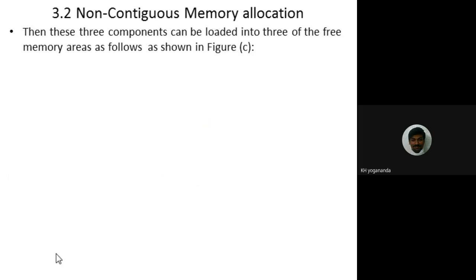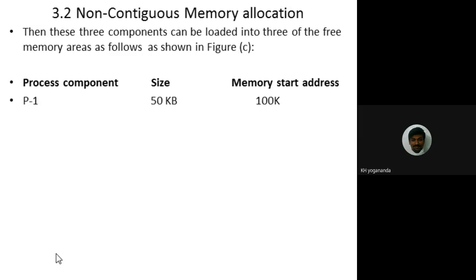Then we can load these three components into the free memory areas: P1, which has 50 kb size, at starting address 100k, P2, which has 30 kb size, at starting address 300k, and P3, which has 60 kb, at starting address 450k.